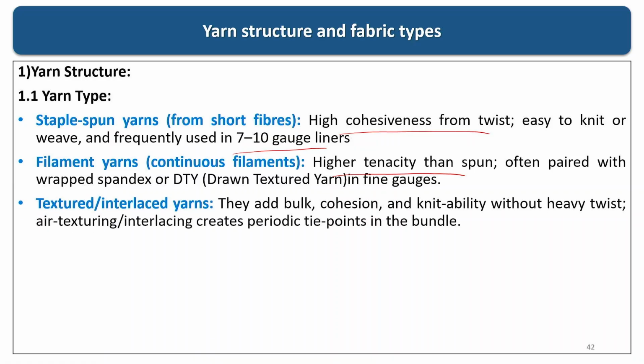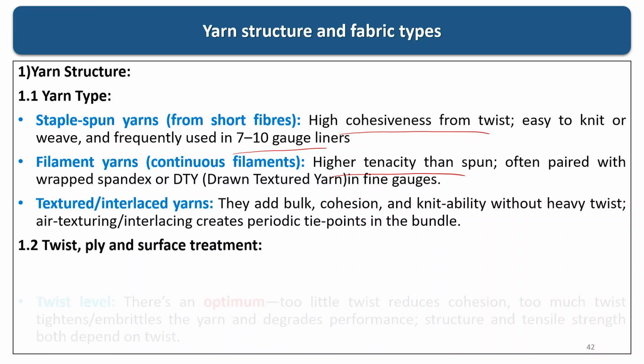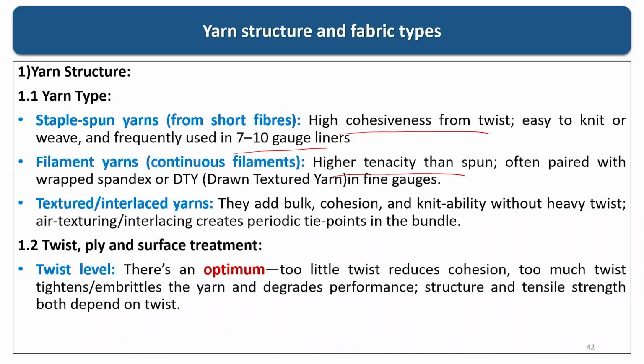Textured or interlaced yarns are used. They add bulk, cohesion and knittability with a heavy twist. Air textured yarns are used for their warmth, and the twist level we can change.